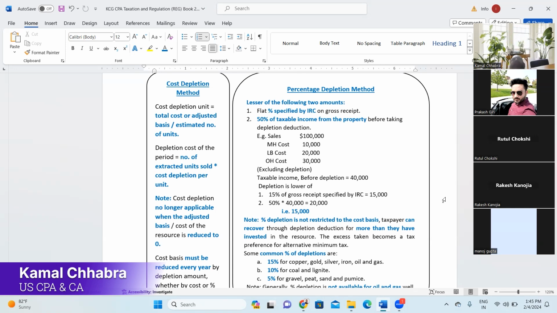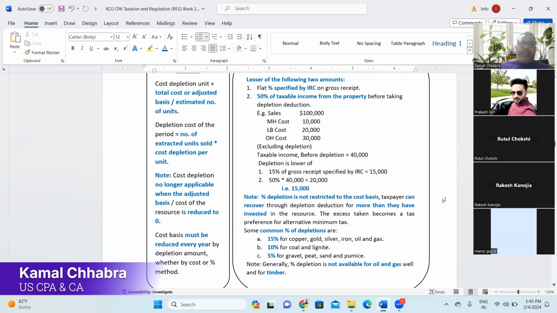Accordingly they make a business plan, and based on that they have some numbers in place for how many units they will be selling. Accordingly they make estimations and depletion plans. Make sense?